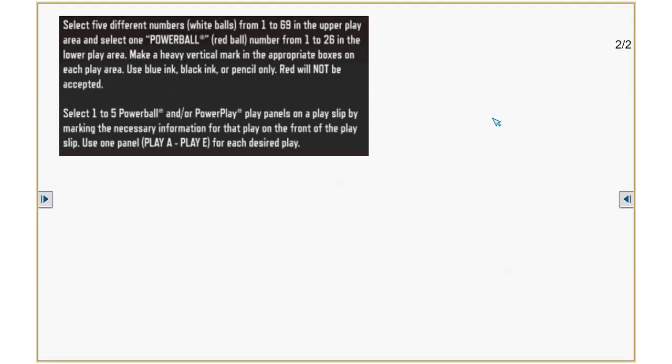Anyway, 5 numbers from 1 to 69 in the upper plate, and the Powerball is 1 to 26. So that means, does it say anything about order? No. If it doesn't say anything about order, then that means what? It's a combination.